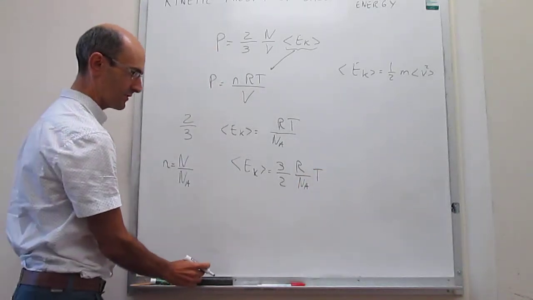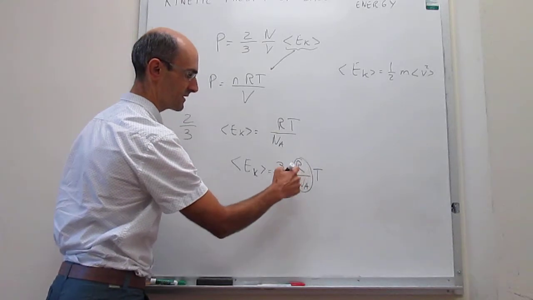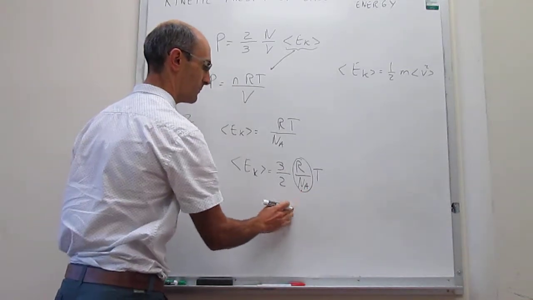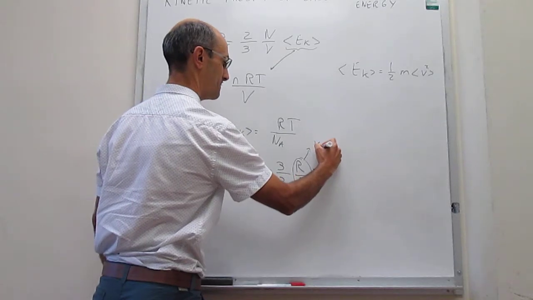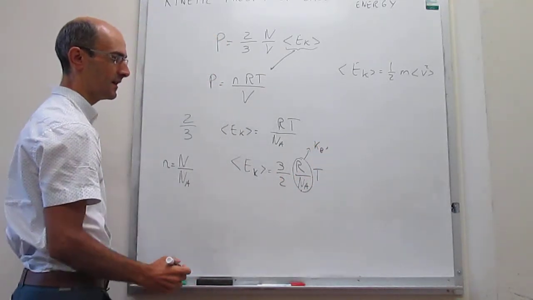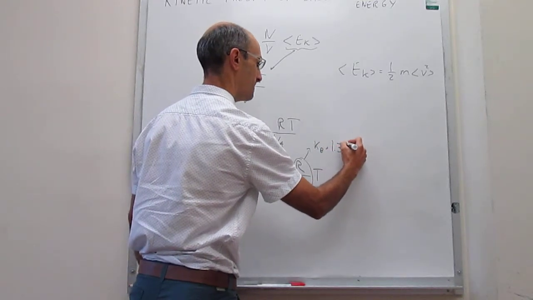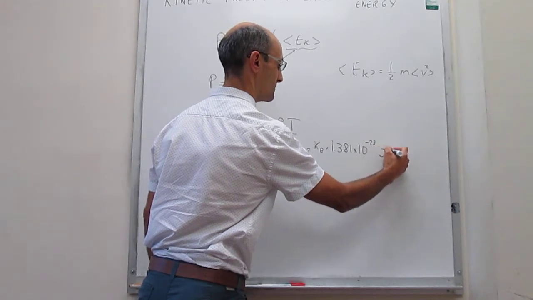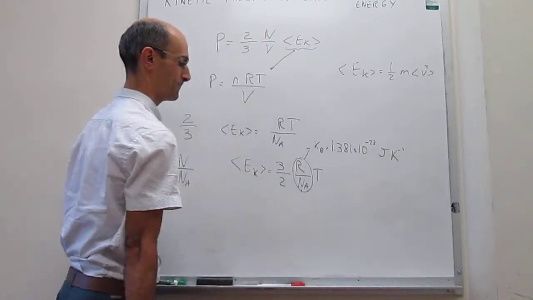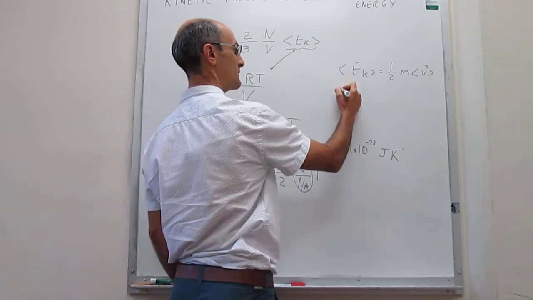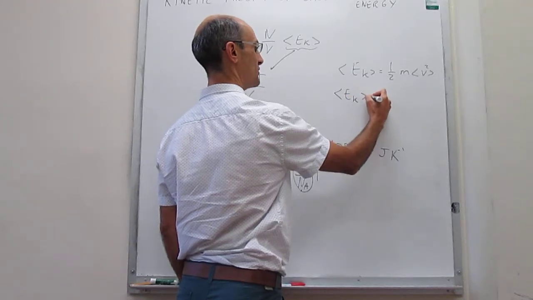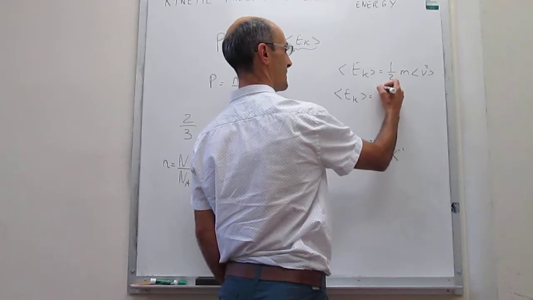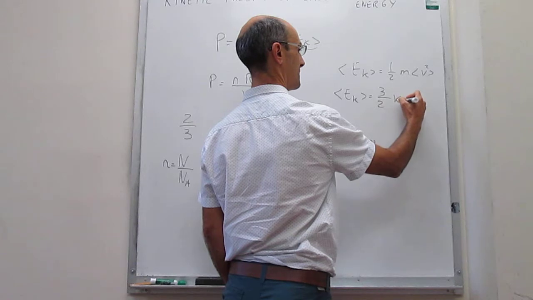These are two constants, the gas constant and Avogadro's number, so the ratio is going to be a new constant that we call the Boltzmann constant, k sub B. The Boltzmann constant has a value of 1.381 times 10 to the minus 23 joules per Kelvin. So we finally have an expression for the kinetic energy, which is very useful because it allows you to express how the kinetic energy depends on the temperature. It's equal to 3/2 k sub B times the temperature.